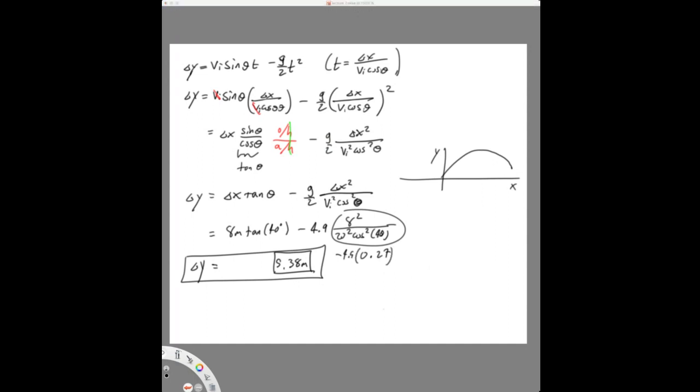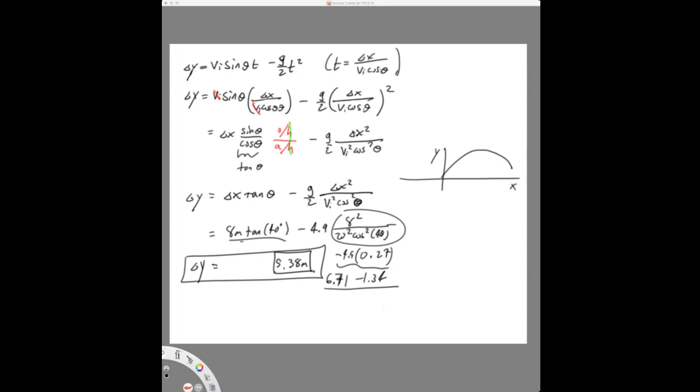Then times 4.9, or negative 4.9, gives me a negative 1.34. And then 8 times the tangent of 40 is 6.7. So 6.71 minus 1.34. Okay.